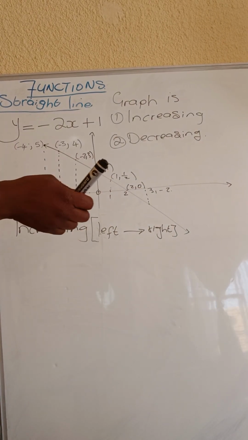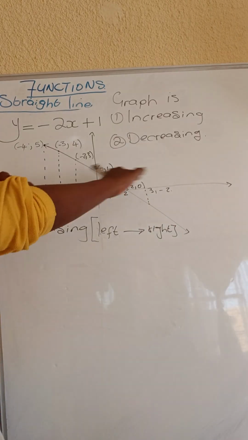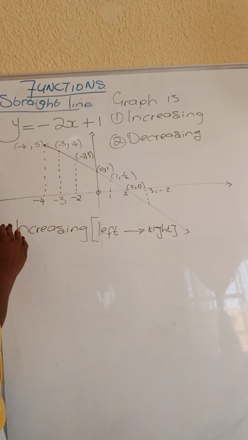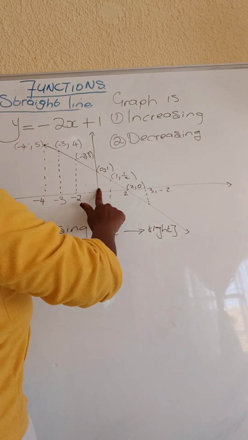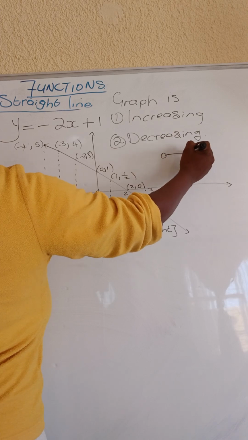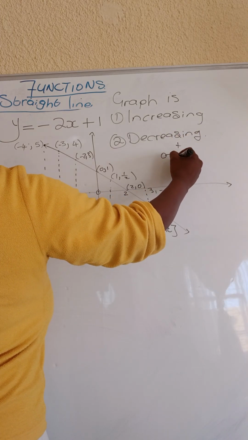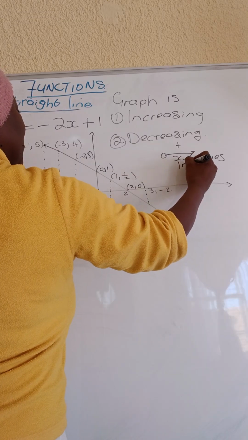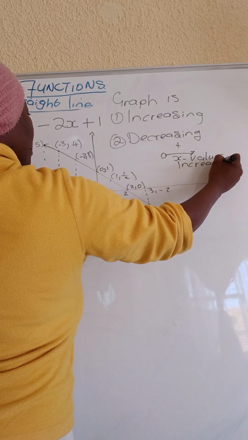Now you must remember, on your x-axis or number line, when I'm counting from 0 to the positive side, my x values are increasing.